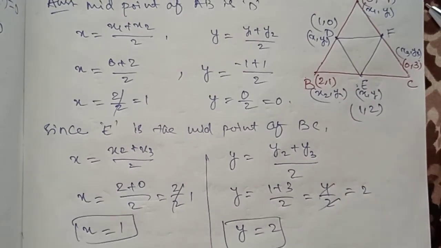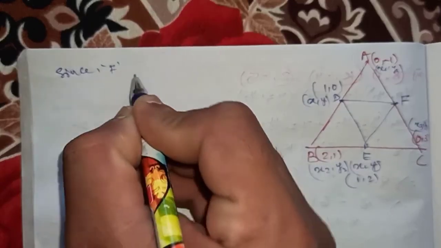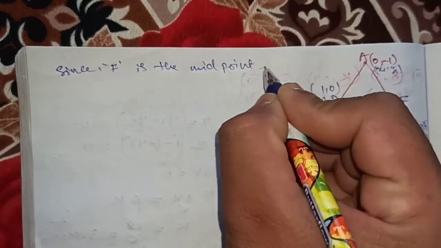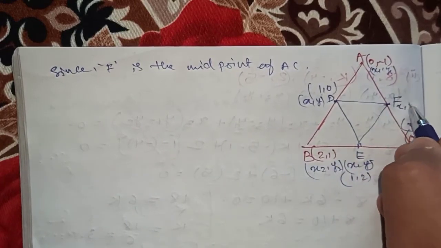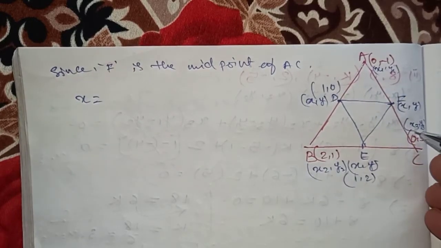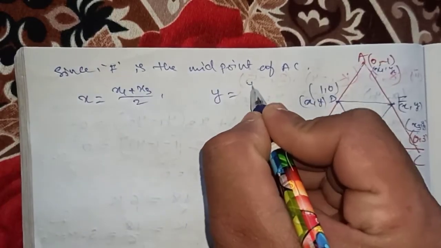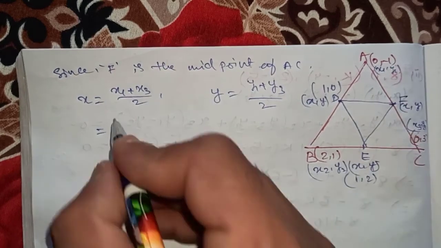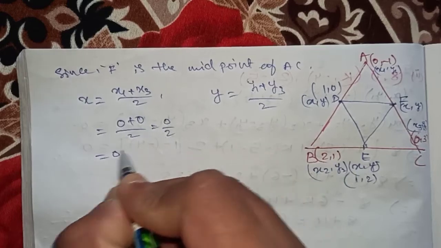Now the last coordinate we have to find is F. Since F is the midpoint of AC, we will use the midpoint formula and represent this as x y. x equals x1 plus x3 by 2, and y equals y1 plus y3 by 2. x1 plus x3 means 0 plus 0 by 2, that is 0. 0 plus 0 is 0, 0 by 2 is 0.